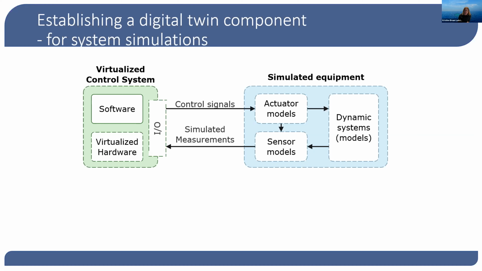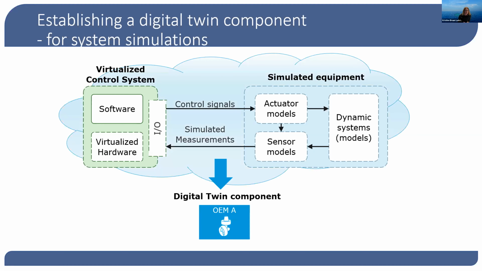And since this complete setup now consists only of software, it can be viewed as a digital twin component containing both the physical models and the equipment and the control system running on it. So the simulation can in principle run anywhere with sufficient computing power, be on your regular PC, on a local server park, or in the cloud, as I try to illustrate here.